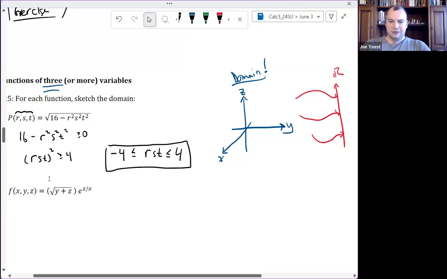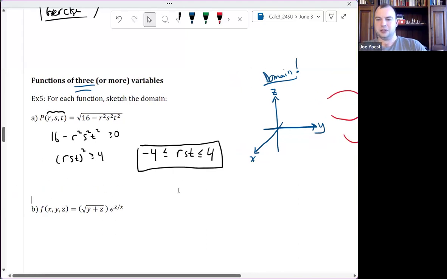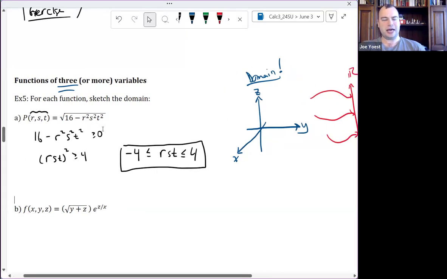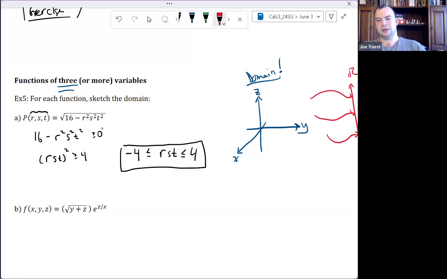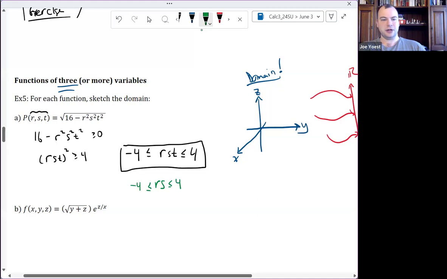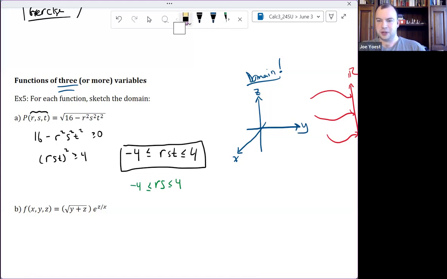I do notice that I have a decent bit of symmetry here. In other words, R, S, and T all kind of act the same way. Yes, thank you, I have an extra vestigial squared over here. I didn't carry it over to my final bit.